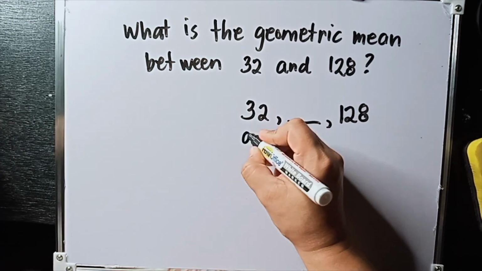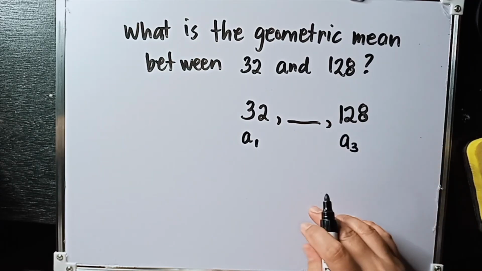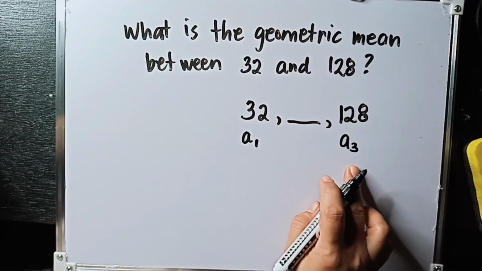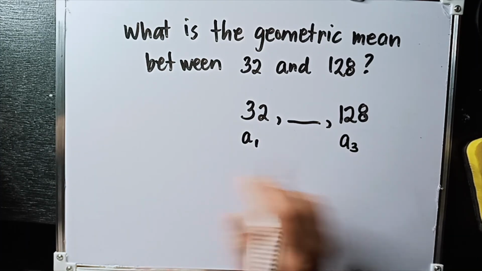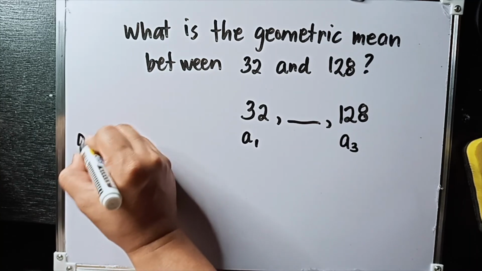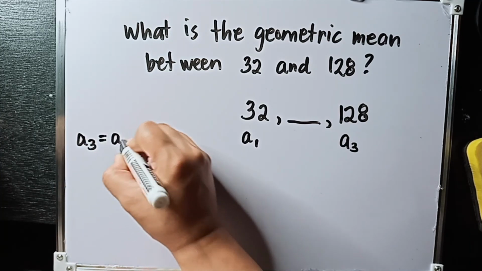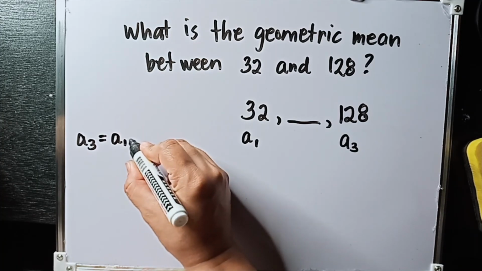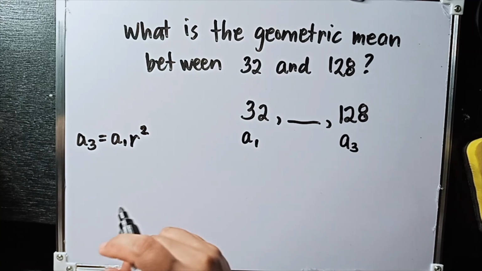So we are going to insert a geometric mean between these two. So this one is our first term. 128 is our third term. Okay? So the first thing that we should do is to find the common ratio. Remember that a sub 3 in a geometric sequence is equal to the first term times the common ratio raised to the second power.